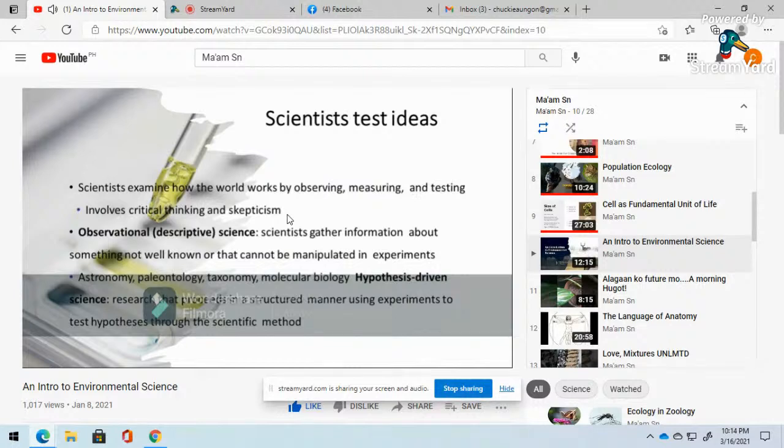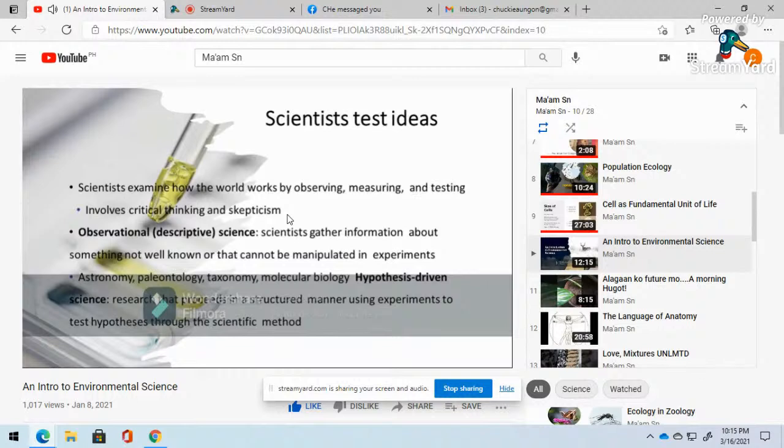Observational or descriptive science is when scientists gather information about something not well known or that cannot be manipulated in experiments: astronomy, paleontology, taxonomy, molecular biology. Hypothesis-driven science is research that proceeds in a structured manner, using experiments to test hypotheses through the scientific method.